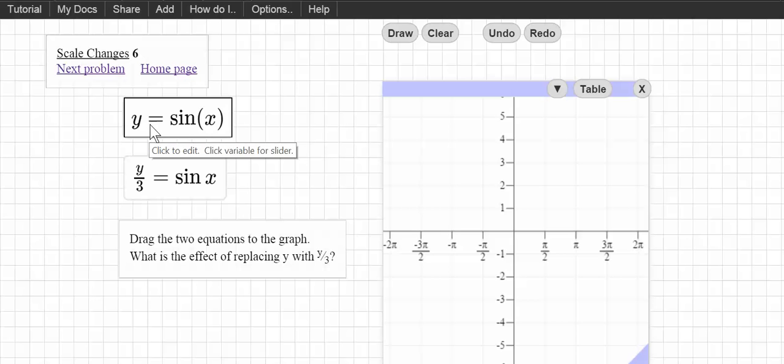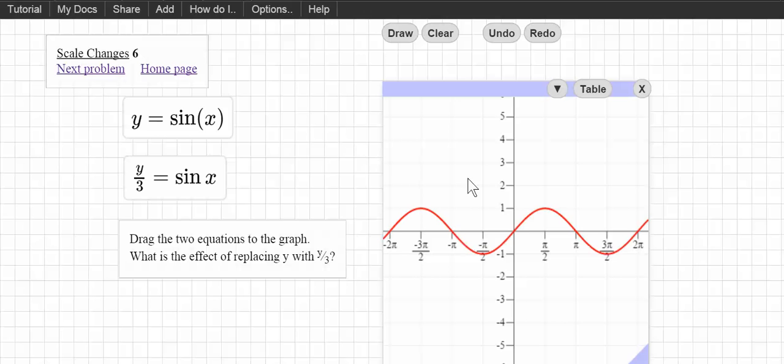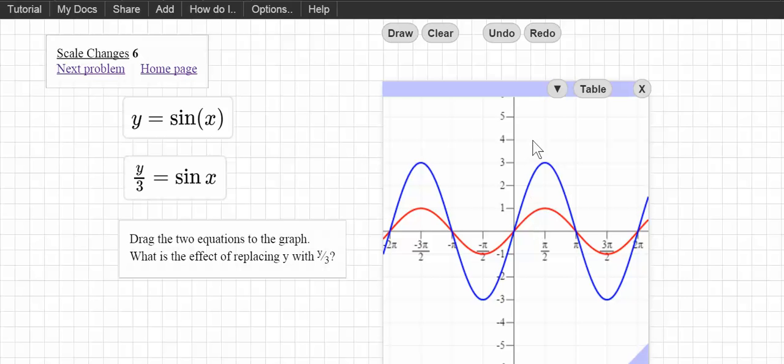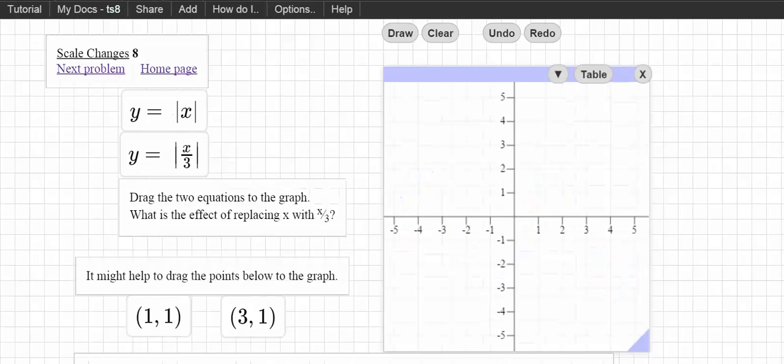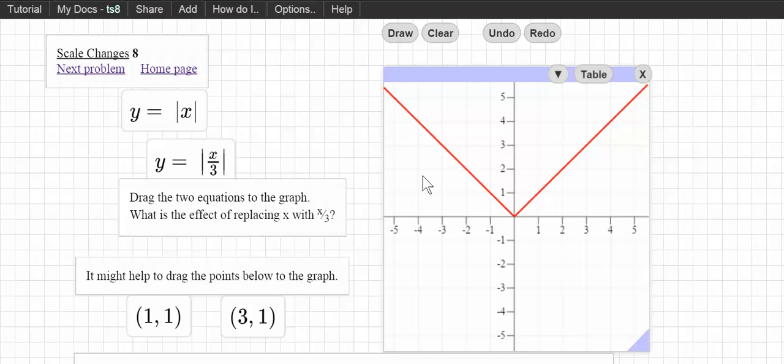Again, here is a function that they may or may not know anything about, but the question is, what is the effect of replacing y with y divided by 3? It's a scale change, a factor of 3 in the y direction, a stretch. When students get to this problem, they might find it slightly more challenging.